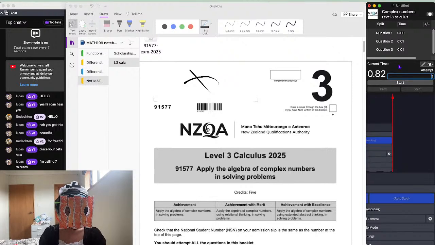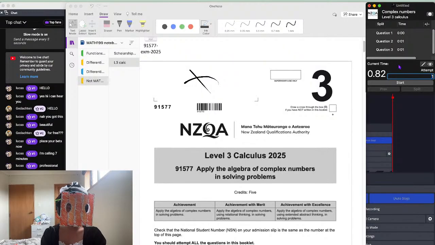When I press one button, it's going to start a timer, and when I press it again, it's going to split the timers. So you get an exact idea of how long I spent on each question. I just need to test that at first.